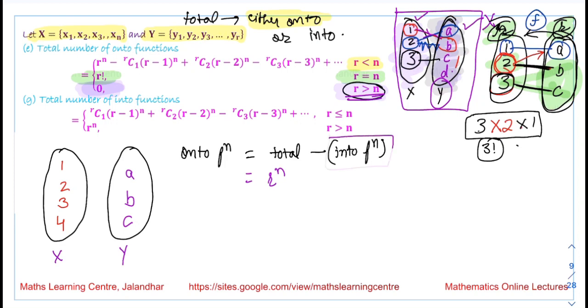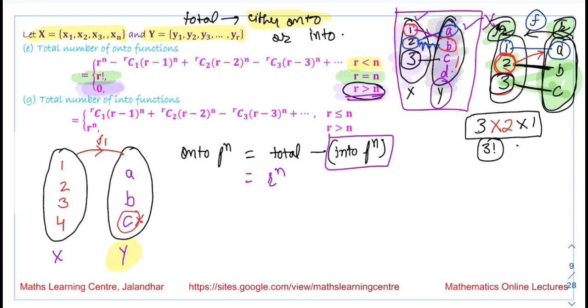Now we are calculating the number of into functions. To calculate the into functions, we are looking at this set Y. Into function means that when any function is given, say the first function f1, suppose this element C does not have any pre-image.